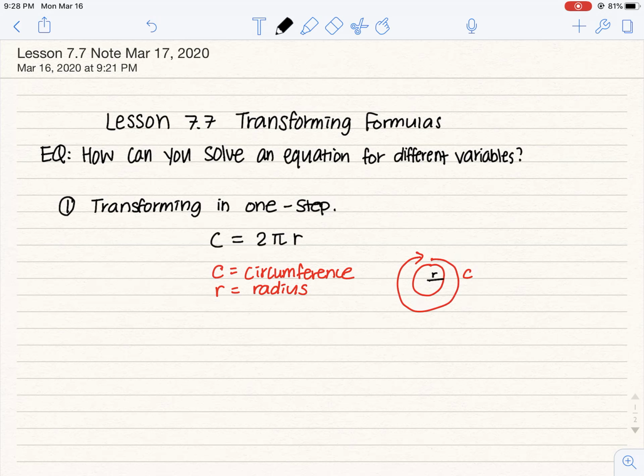So in order to find the circumference, we have to know the radius, and we just have to multiply 2 times pi times radius. However, in this case, I don't know what the radius is. I may know what the circumference is, and then we have to plug it in.